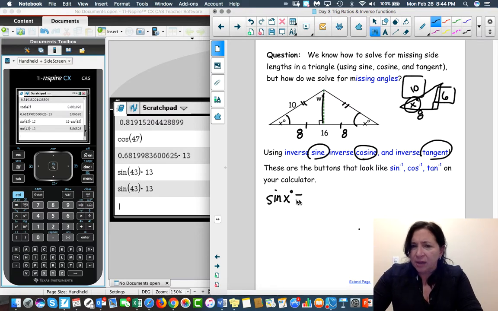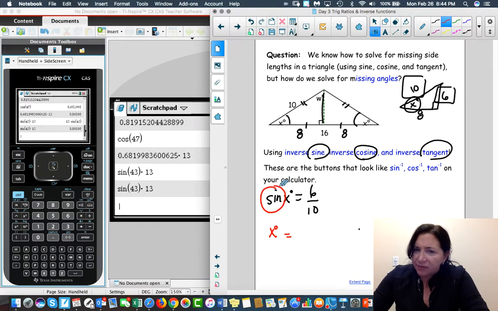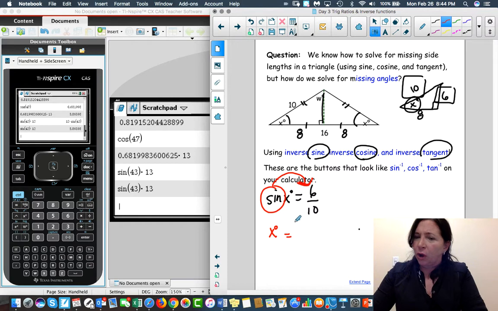So sine of angle X is equal to 6 over 10. I can reduce that if I want. It's not necessary right now because I need to isolate the X. In isolating the X, by taking the sine and moving it over to the other side, the act of doing that is what we call the inverse or arc sine.